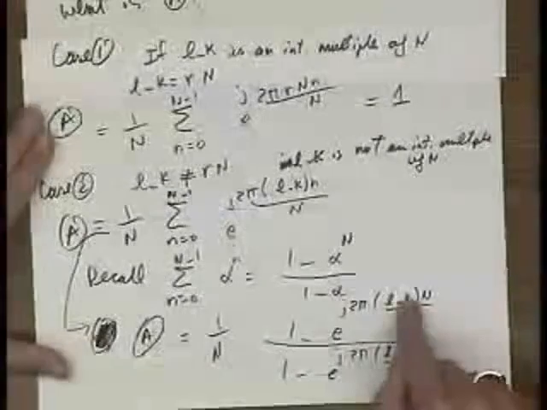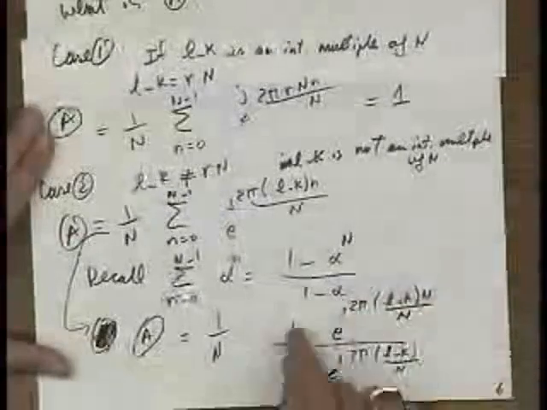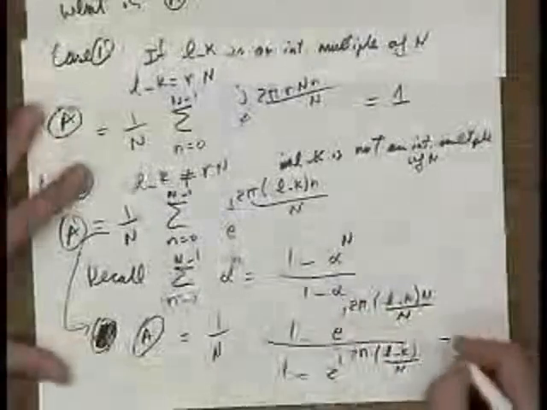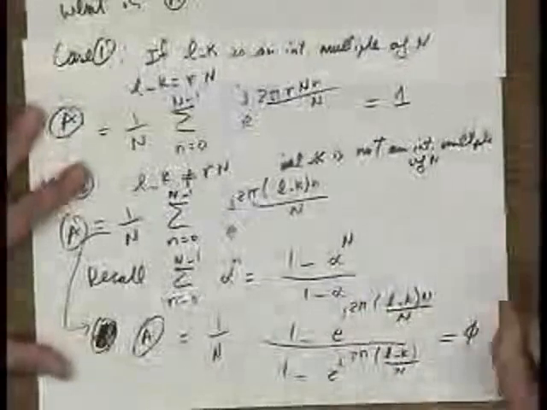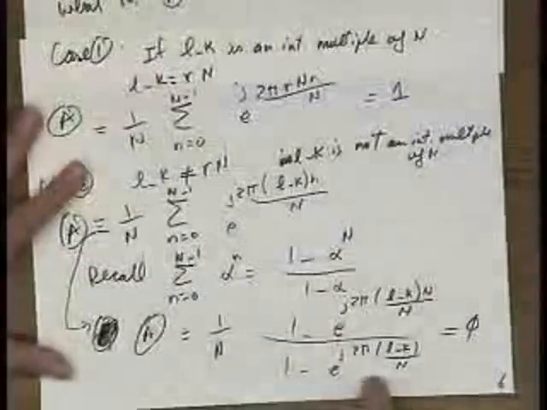L and k are integers, so L minus k is an integer. e to the j 2 pi times an integer is just 1. 1 minus 1 is 0. The whole thing becomes 0. You might say, why didn't you apply this geometric series idea here? What would have failed? If L minus k was a multiple of N, not only would the numerator be 0, the denominator would have been 0, you would have had 0 over 0, which is undefined, and that would have gotten you into trouble. That's why I separated into two cases.